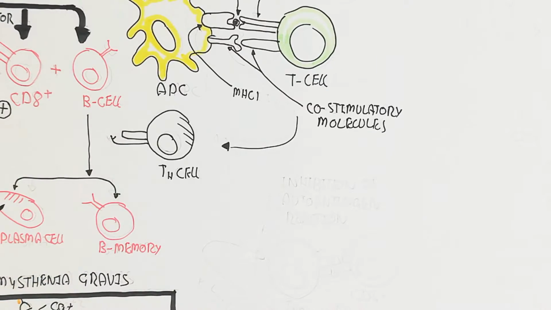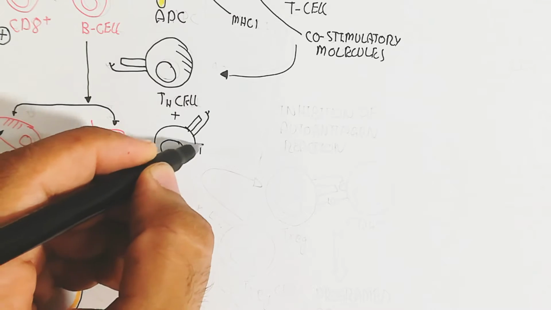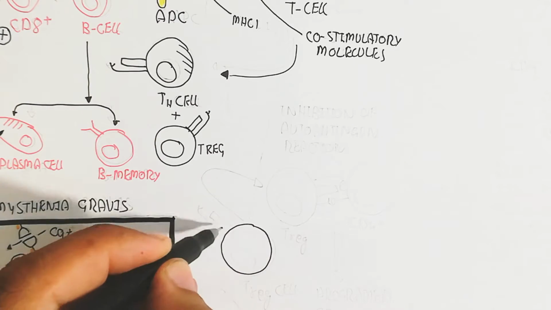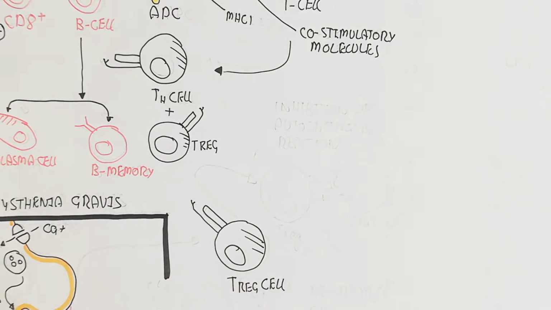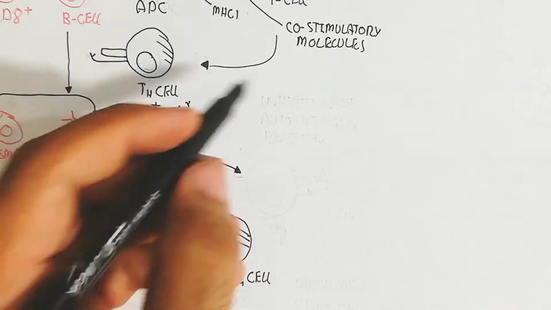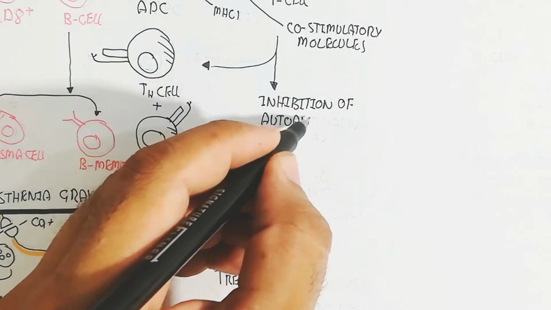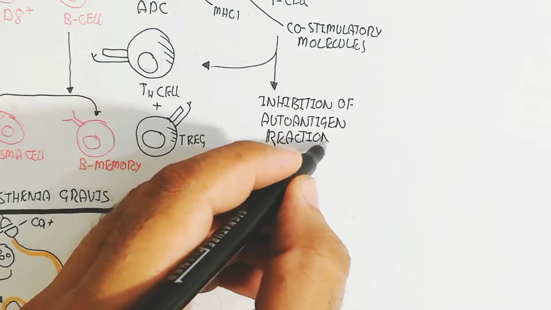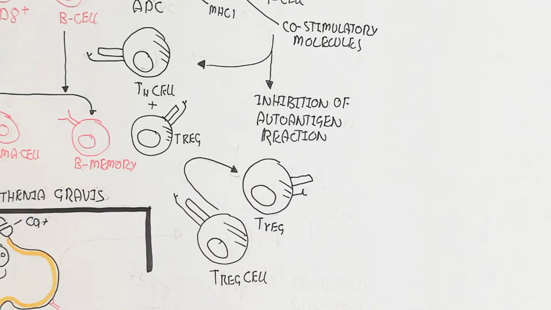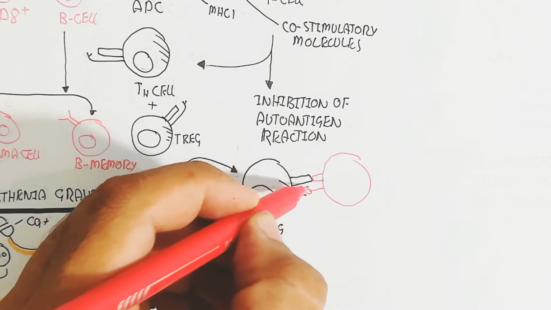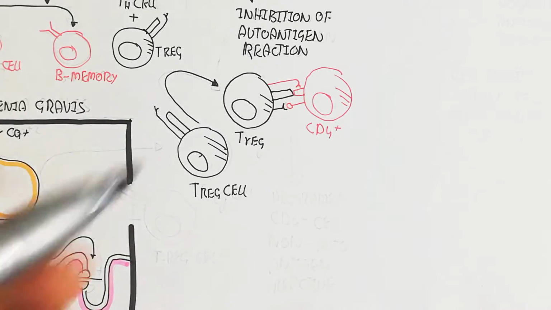So the T helper cell and T regulatory cell proliferate, and this T regulatory cell proliferation will inhibit auto-antigen reaction. How is that possible? Let's begin to understand. The T regulatory cell will show the antigen to the CD4 to educate it: don't touch our own antigen, our self antigen.